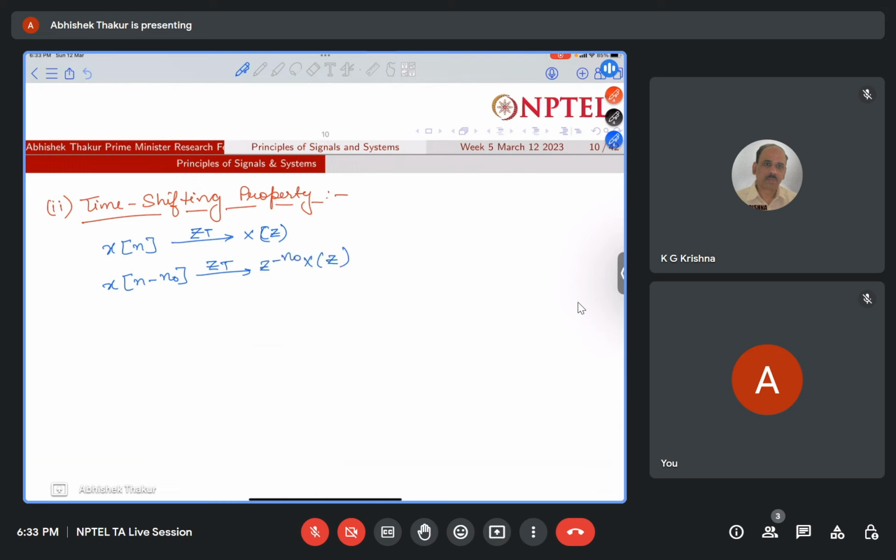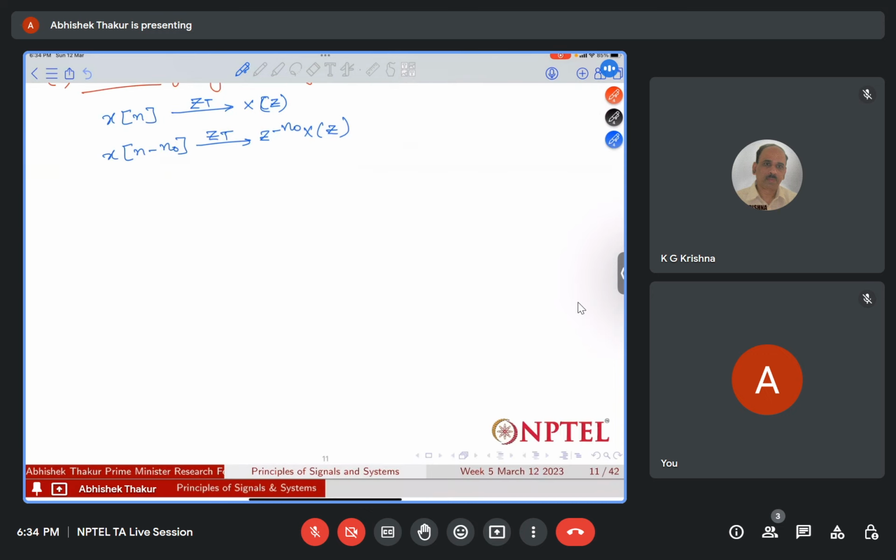The proof is already done in the classroom, and we can simply prove it by using the formula of Z transform. So it's not a big deal. And also we'll see other properties like exponential multiplication, time reversal, and differentiation in Z domain. After that, we'll solve a few examples.